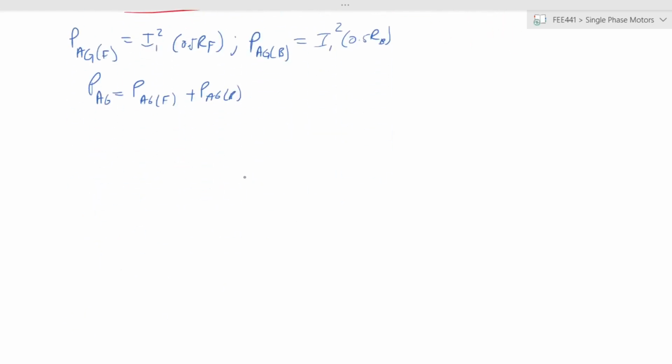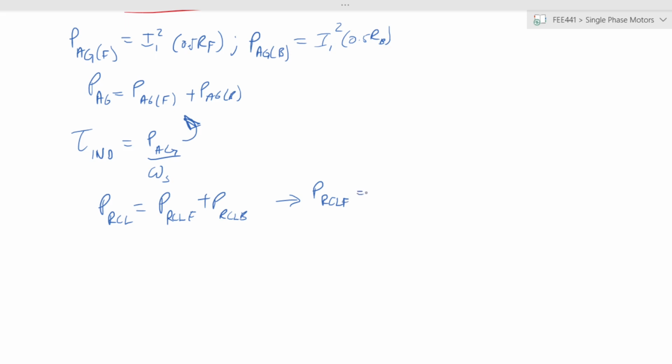Similarly, when we look at torque, the induced torque is given by air gap power over synchronous rotating speed. We already know the air gap power, so these can be obtained from the components that we have up there. Other useful elements of the circuit are rotor copper losses, which are simply the sums of the forward and backward components.